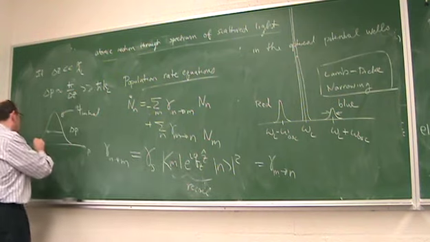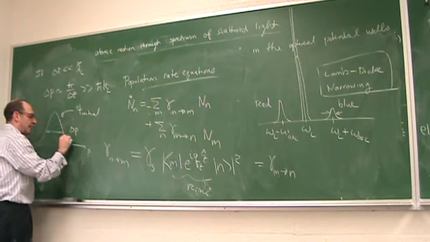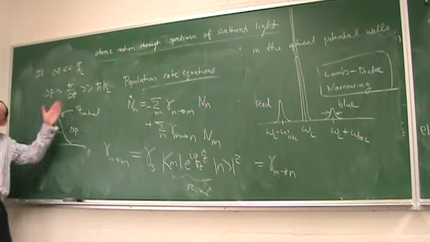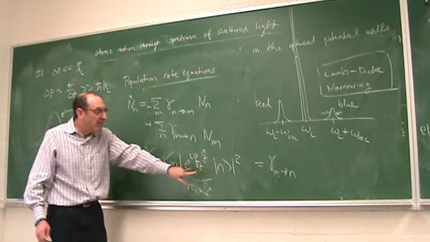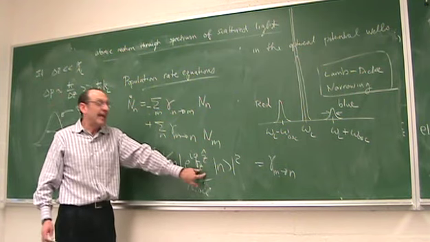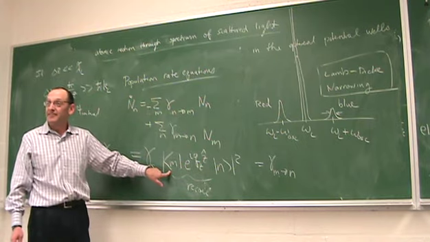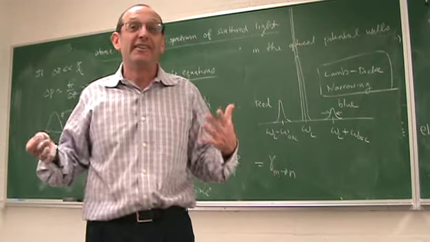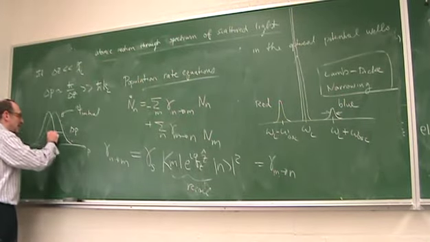It's going to displace this ever so slightly, and that displacement is going to be tiny compared to the width. Now I have to look at the overlap of that displaced wave packet with another wave function. Well, what are the other wave functions? They're all orthogonal. The next one up is my Hermite Gaussian.